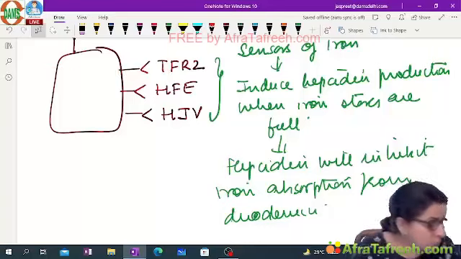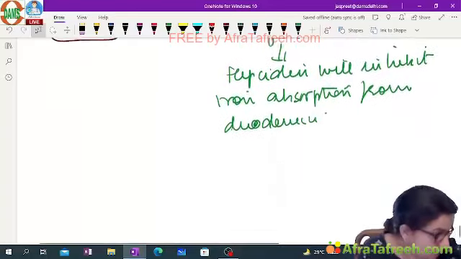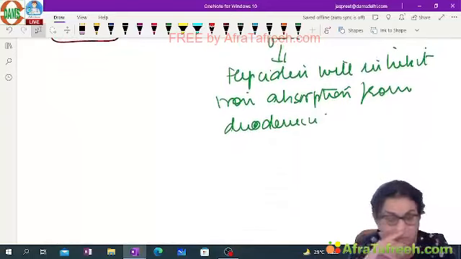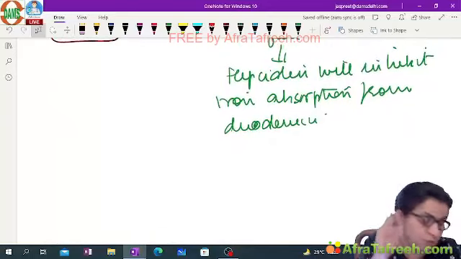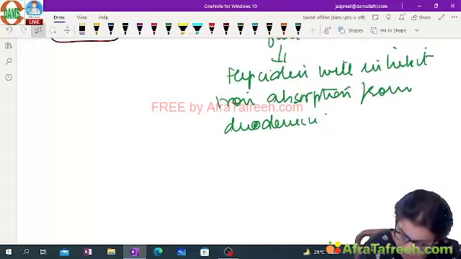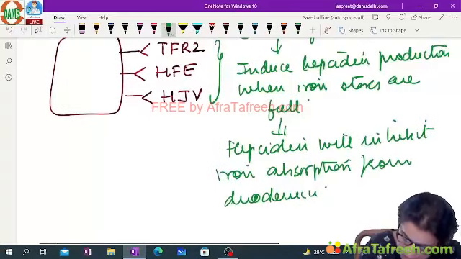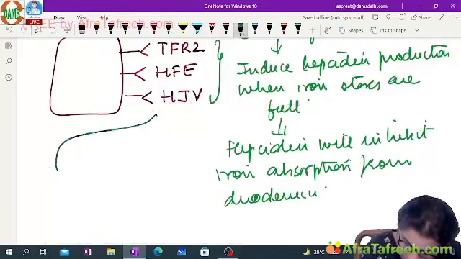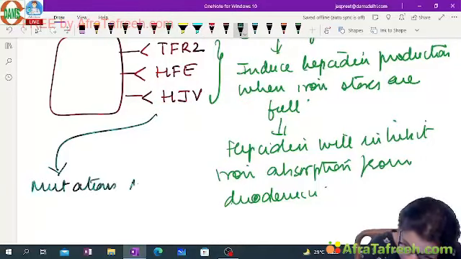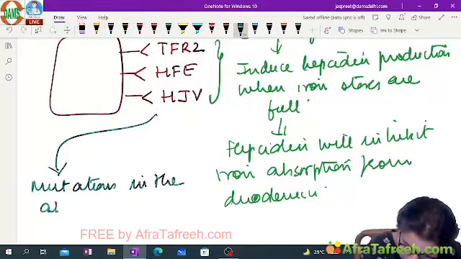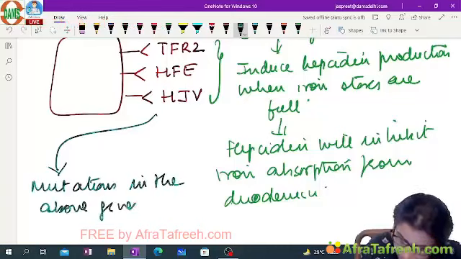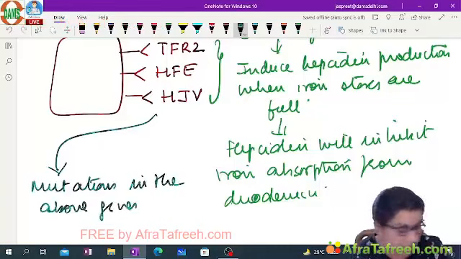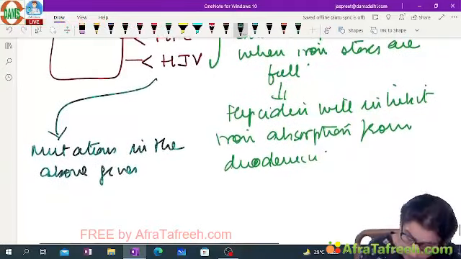Now, coming to primary hemochromatosis. Primary hemochromatosis is an autosomal recessive disorder which is most commonly due to mutation in the HFE gene. If any of these three genes, HFE, HJV or transferrin receptor 2, get mutated, what will happen?